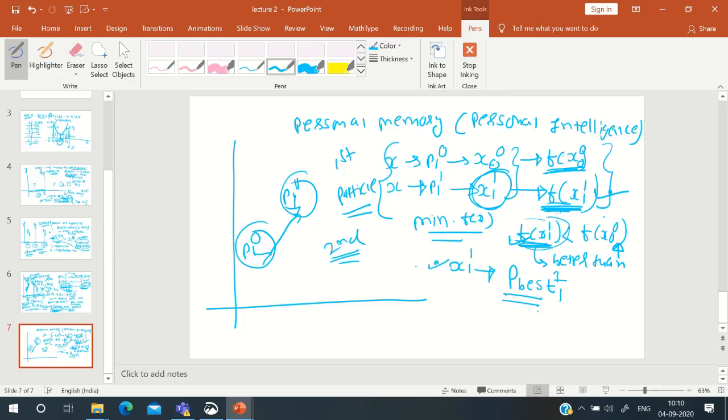Because in the subsequent iterations, particle number 1 will try to follow this best position, and this concept is known as the personal memory concept or personal intelligence. Every particle will try to follow the best position obtained till this particular iteration.